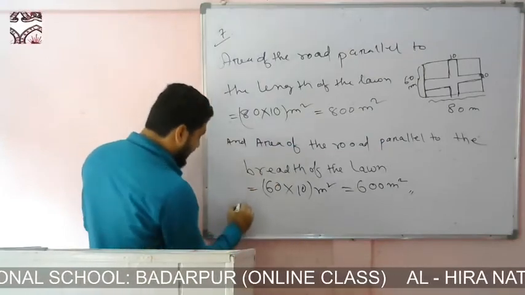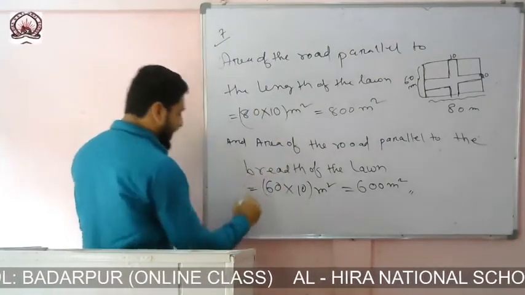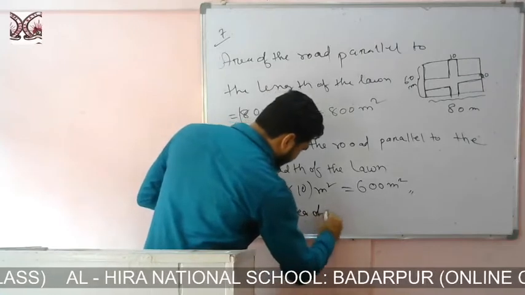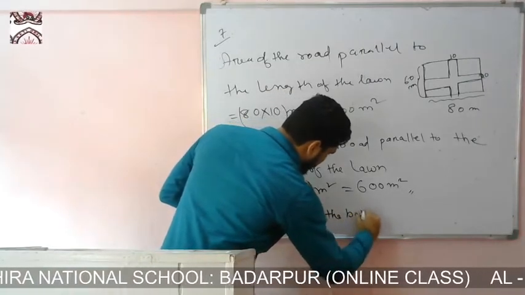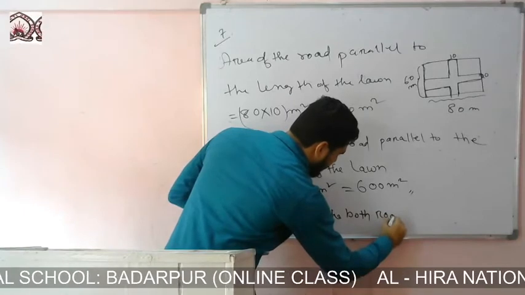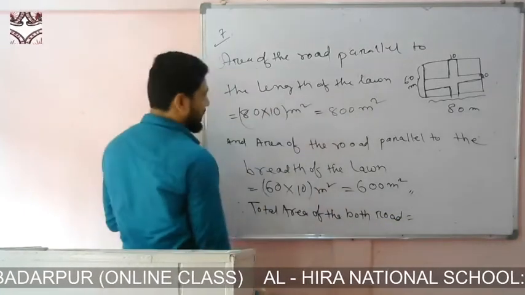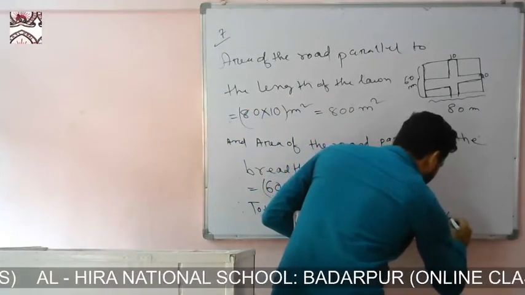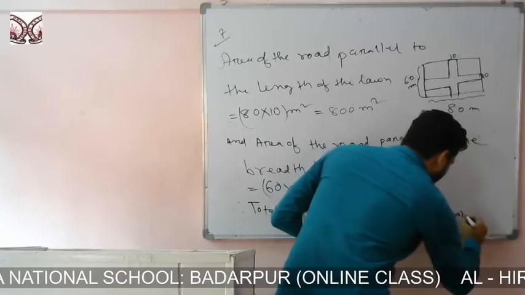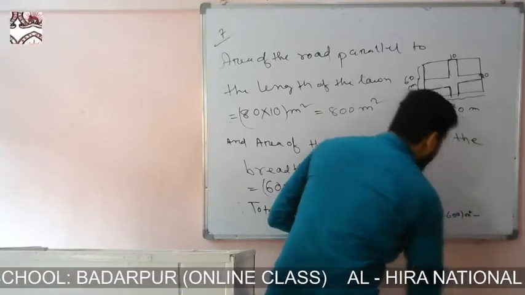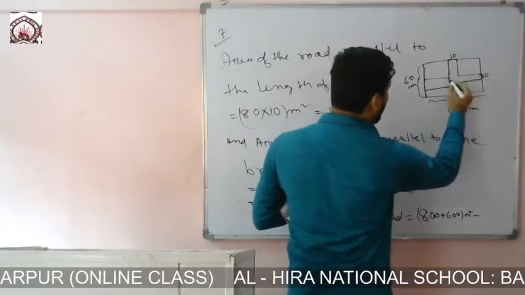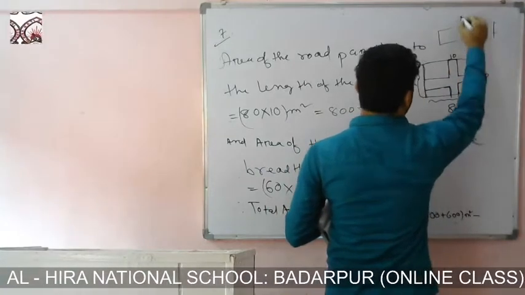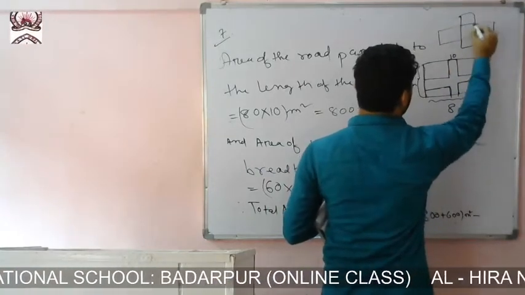So write, therefore total area of both roads will be what, 800 plus 600, minus what, this portion, because earlier also I have shown, these two roads, this portion is common.